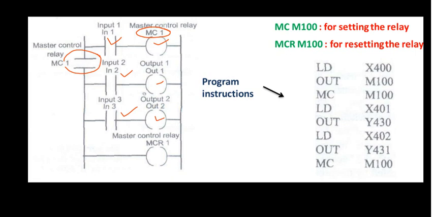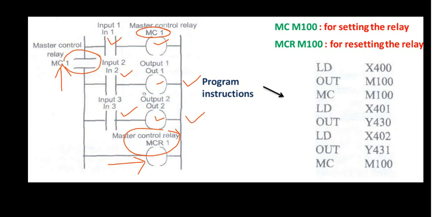And finally after this, you have one more rung, including only the resetting of the master control relay. Once the resetting of the master control relay takes place, from this point till here, whatever number of rungs come, they are all going to be executed.